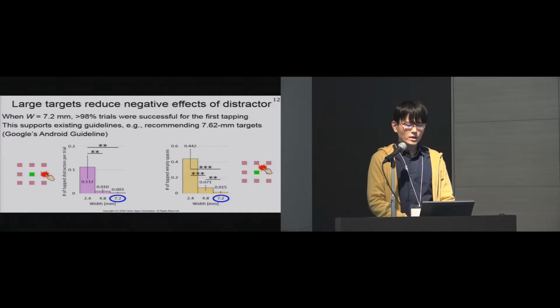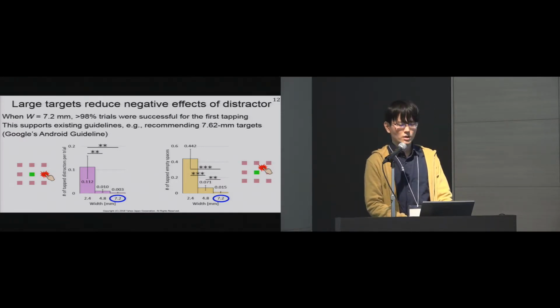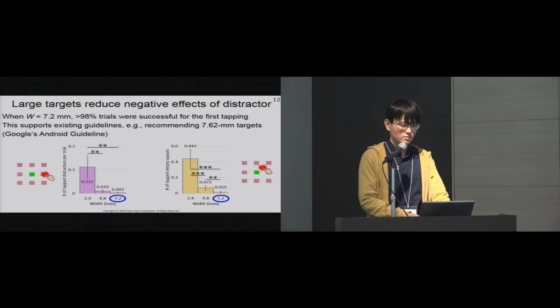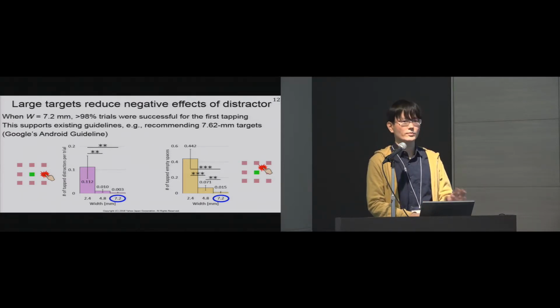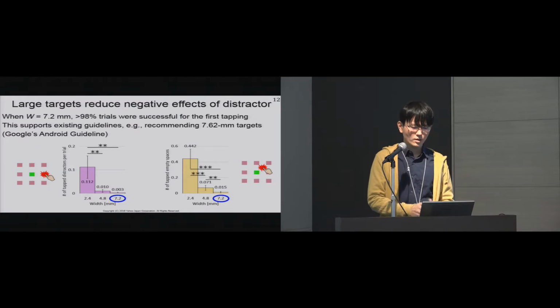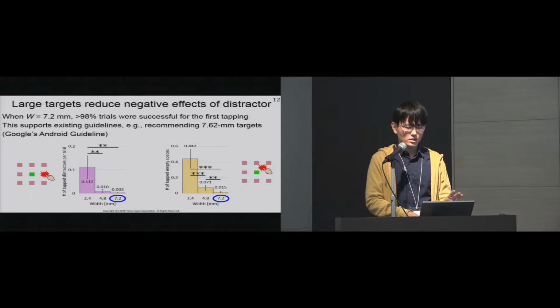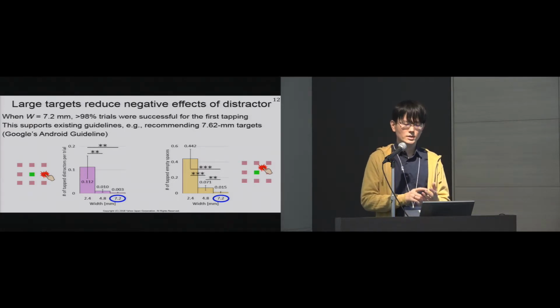And the number of tapping empty spaces was only 1.5% for the 7.2mm targets. So in such a large target condition, users can directly tap a target for the first trial.